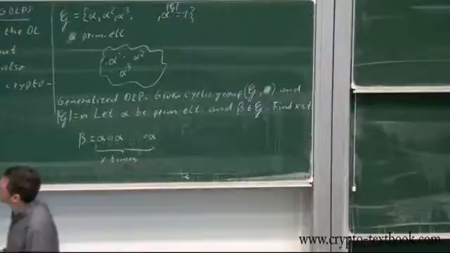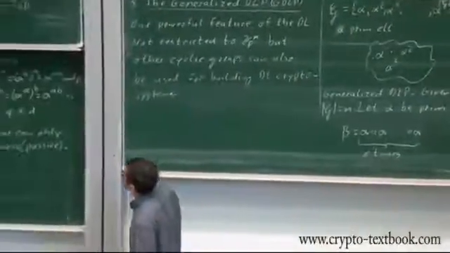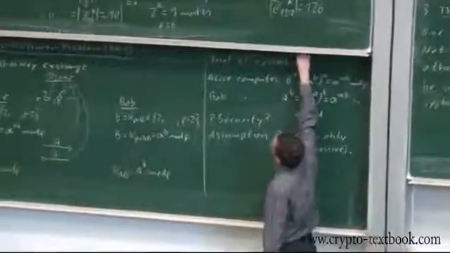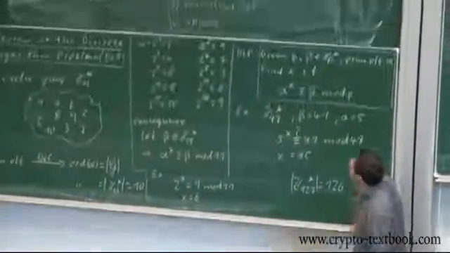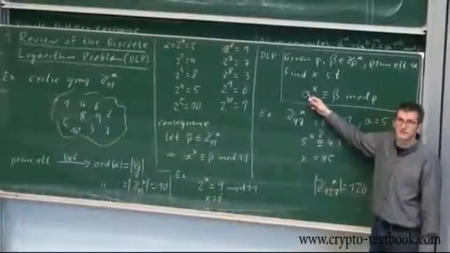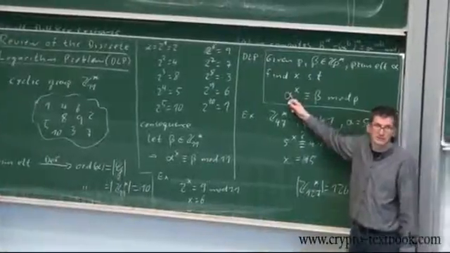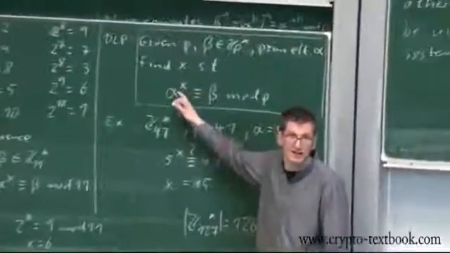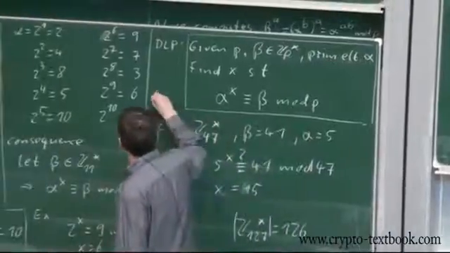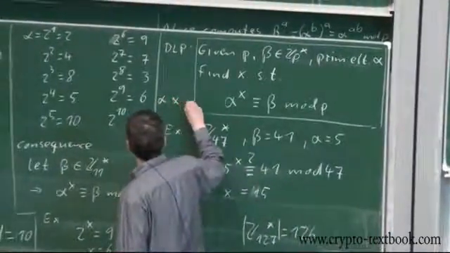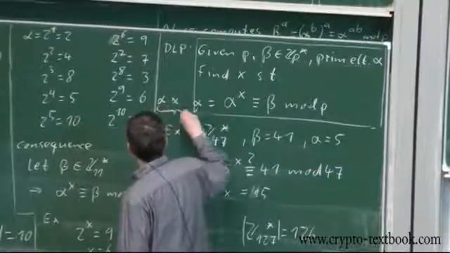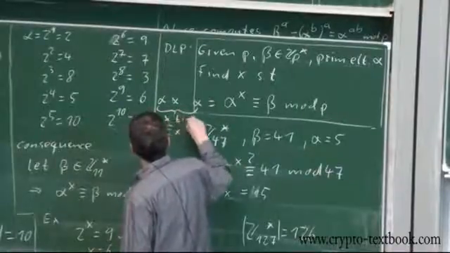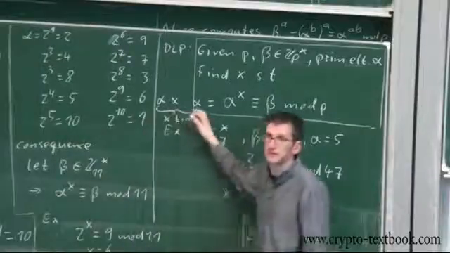We had that before. If I write alpha to the x, what this really is, is alpha times alpha times alpha, x times. That's what I'm doing here.